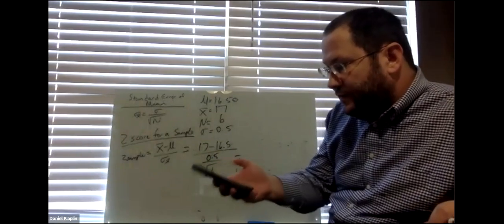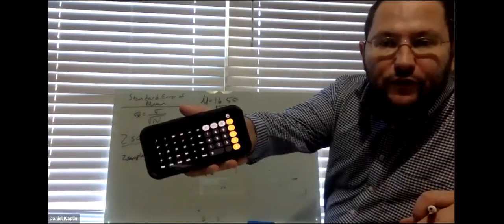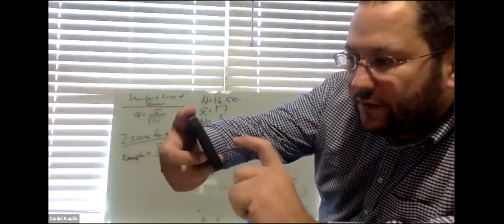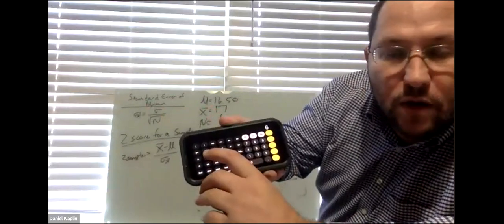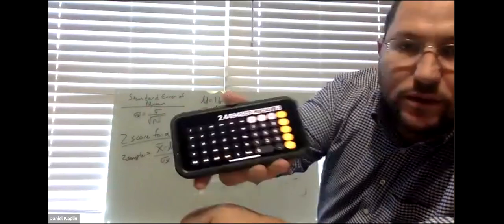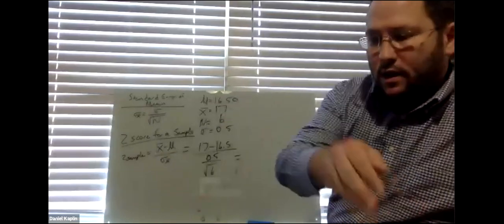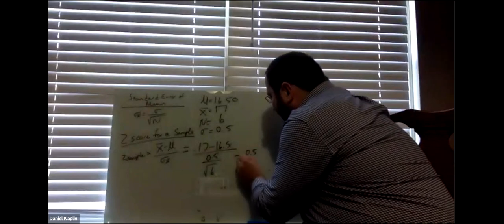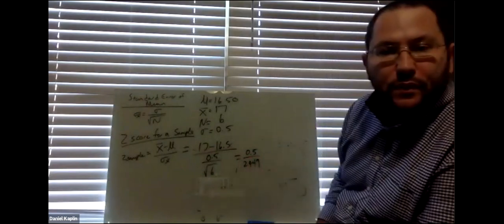So I'm going to clear this and press 6. If you turn the calculator around, you'll see sort of a check mark; that's the square root. When you do that, you get 2.449. So that is going to be 0.5 divided by 2.449.